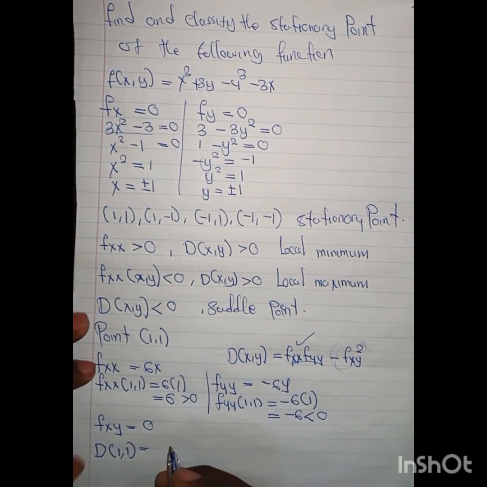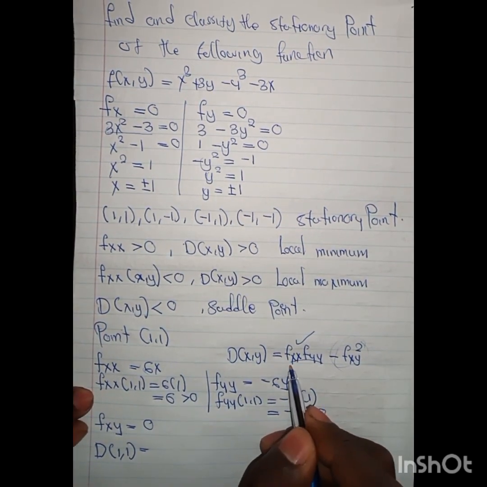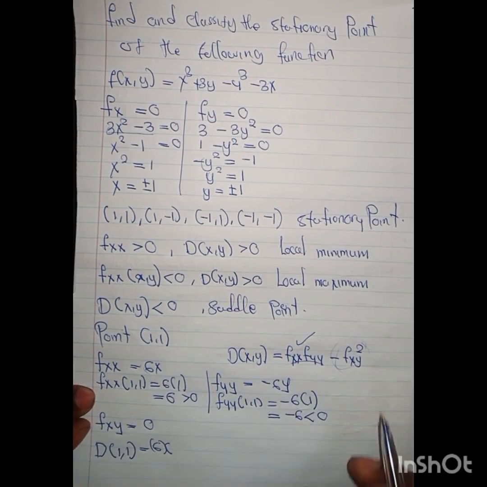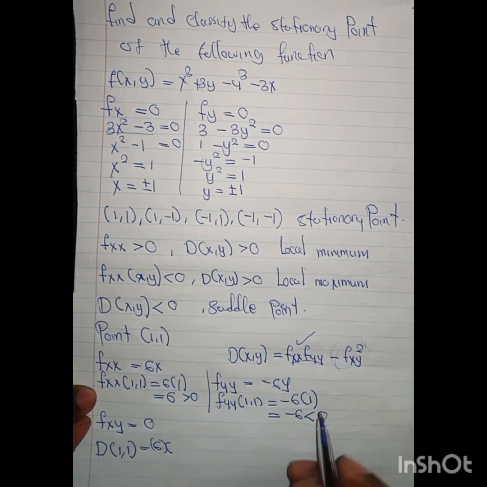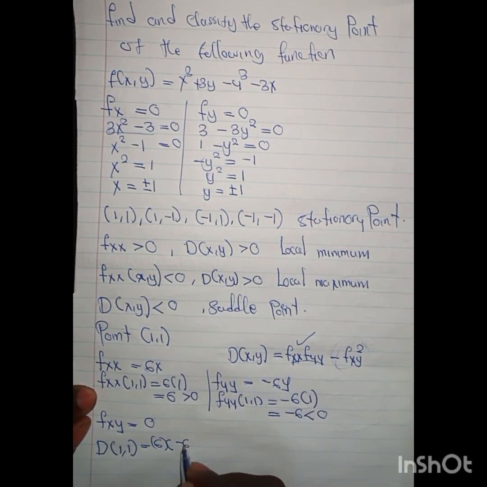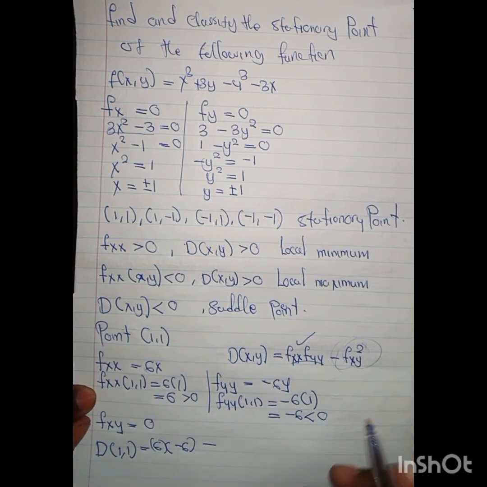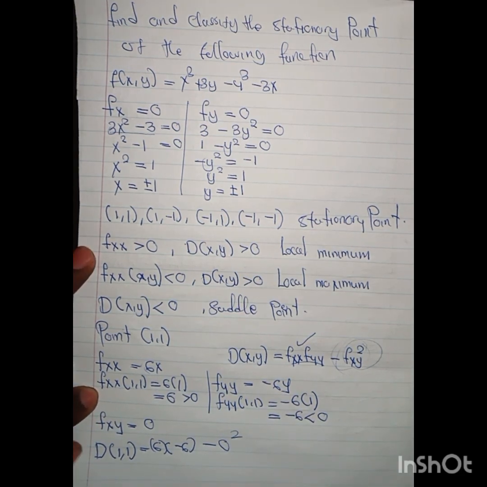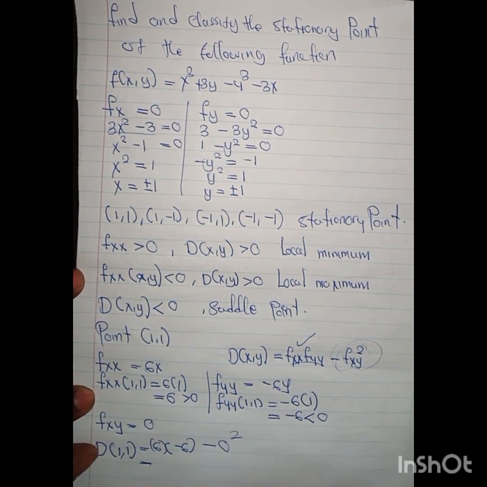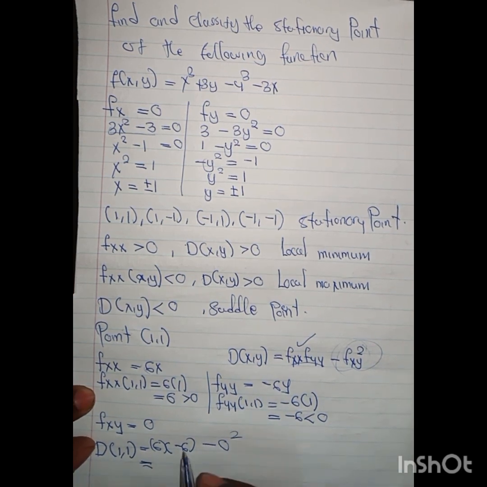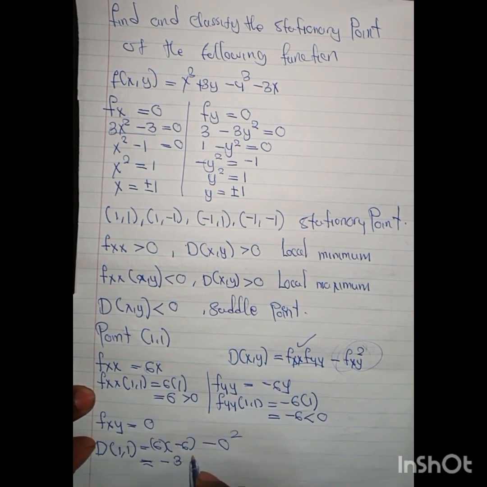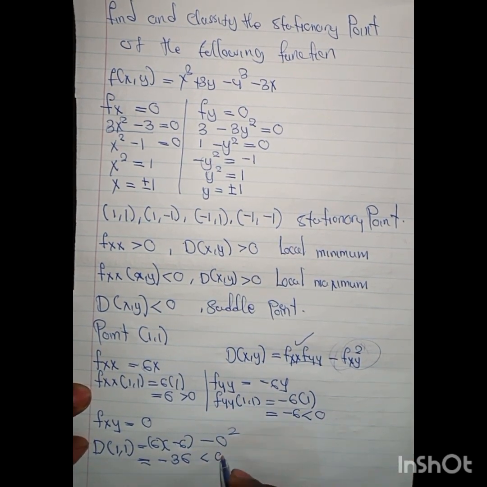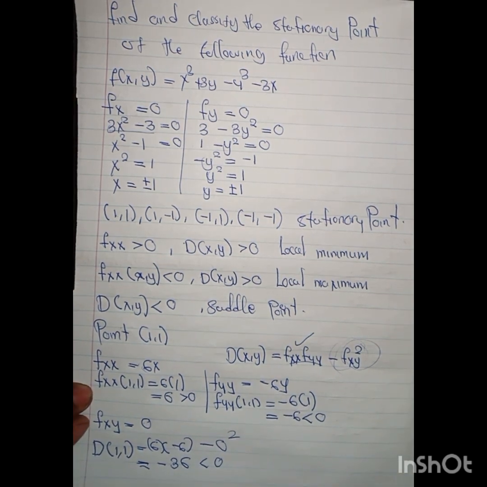And then f sub xx at this point, we have 6. And then the second derivative of f with respect to y, we found minus 6. This is minus 6, minus 0 squared. 0 squared is 0, it does not change. And then 6 times minus 6 is minus 36. So D is minus 36, and minus 36, when we check, is less than 0. Remember the conditions.